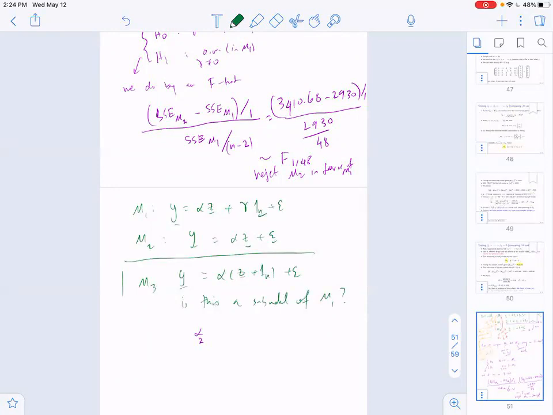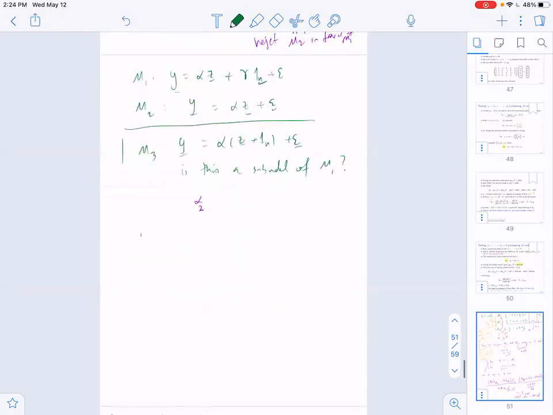What do you guys think? Is it a submodel? Let's see, how about M4? Y is gamma 1n plus epsilon.